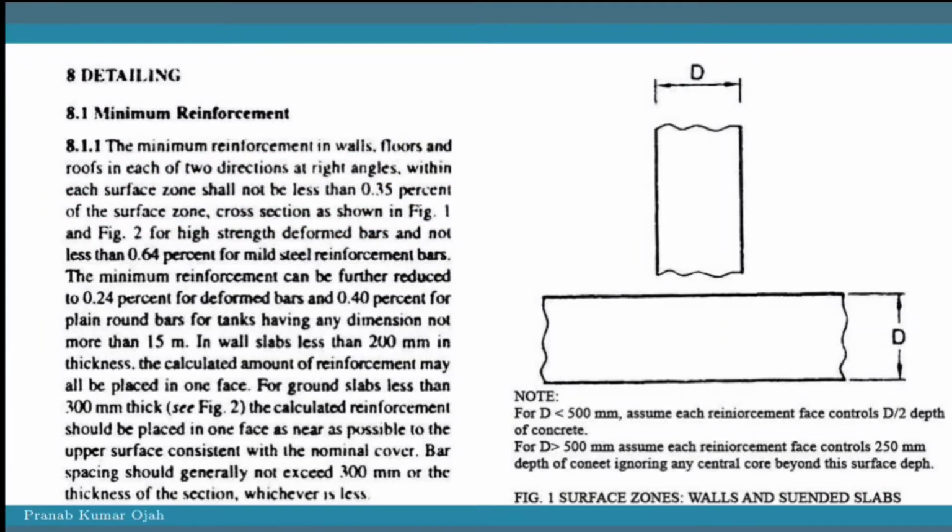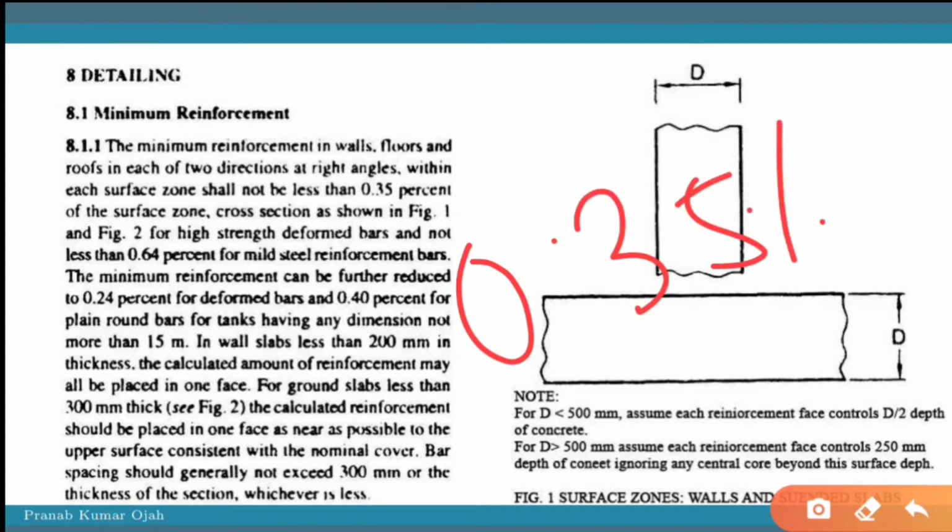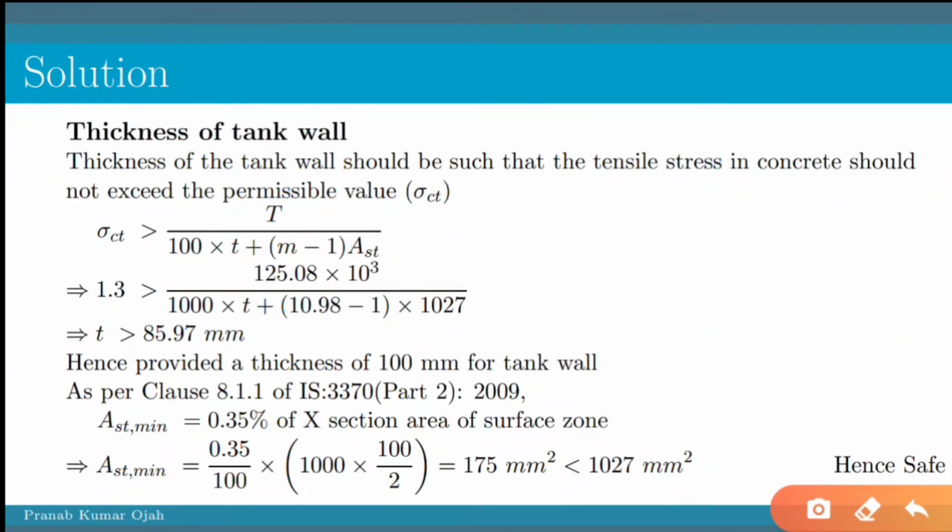So the minimum percentage of steel should be 0.35% of cross section. So it is written AST minimum is 0.35% of cross section area of surface zone. This is 0.35% and cross section area is 1000 into 100 by D.